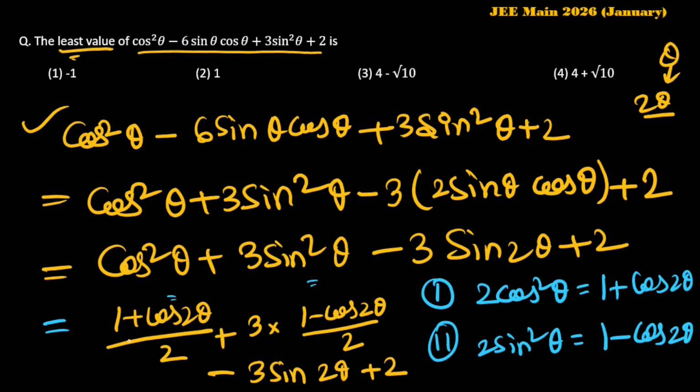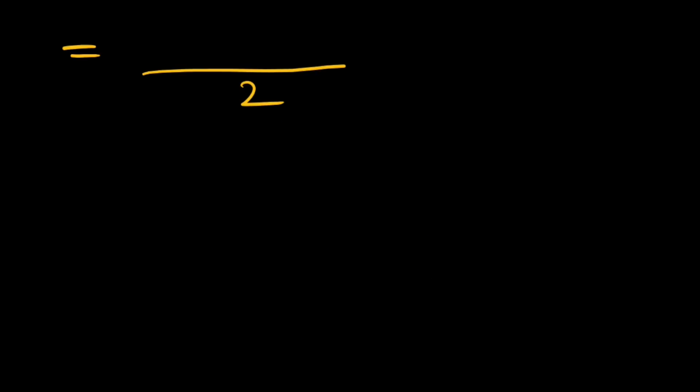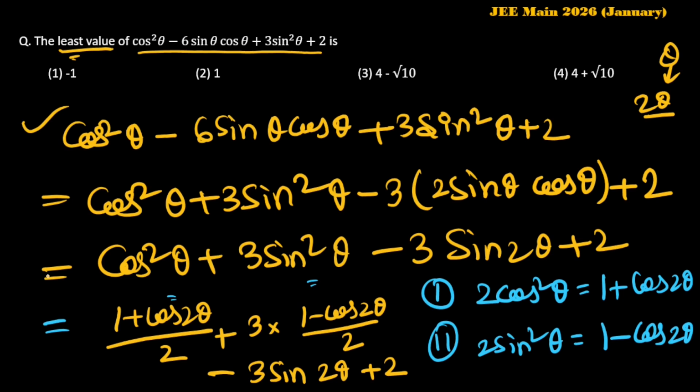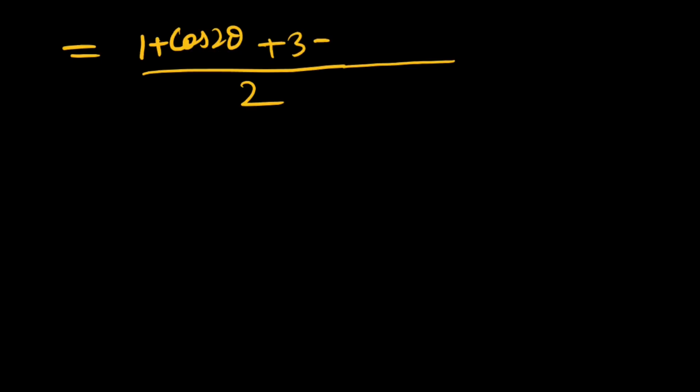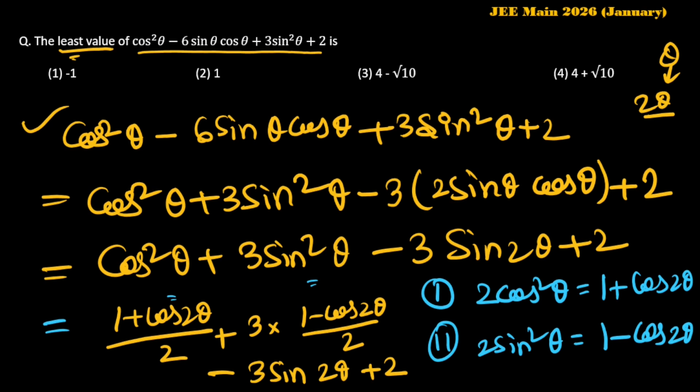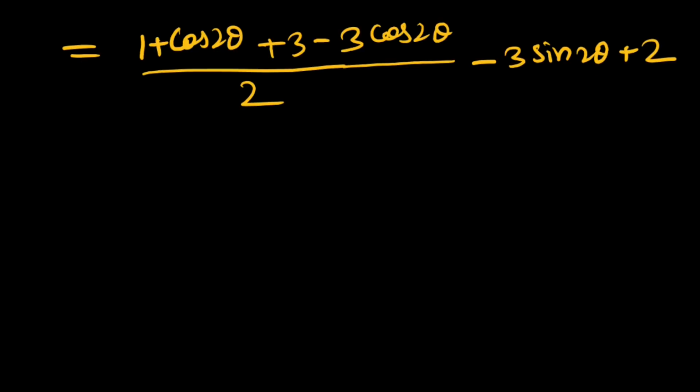Therefore 2 is the LCM here, so 1 plus cos 2 theta, plus 3 minus 3 cos 2 theta, over 2, minus 3 sin 2 theta plus 2.